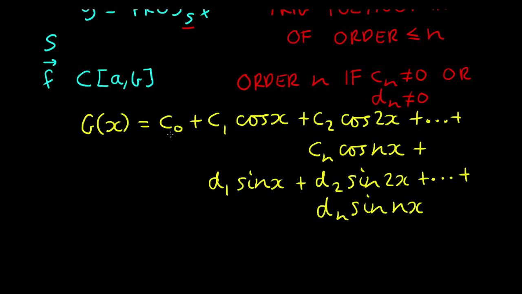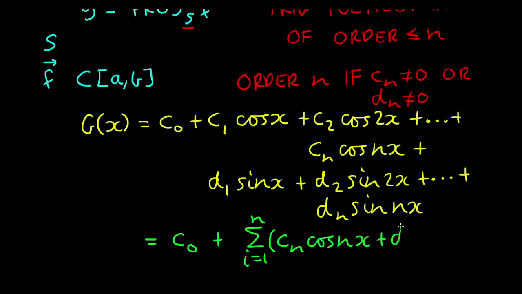So you may recognize this as a Fourier series. So we can write this as the constant c0 plus the sum of i equals 1 to n of cn by cosine nx plus dn by sine nx.